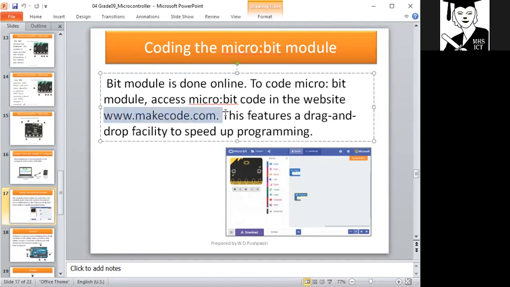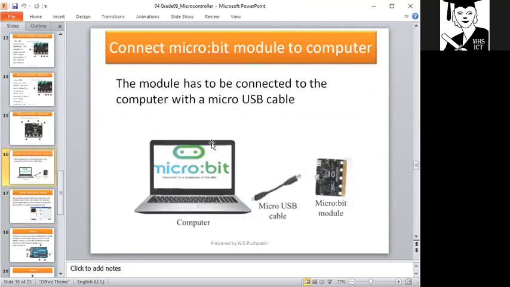This is the website you can use to activate this code, this interface. We can take it from the internet. Okay, you can write down this one first, then after that we can write the next one.